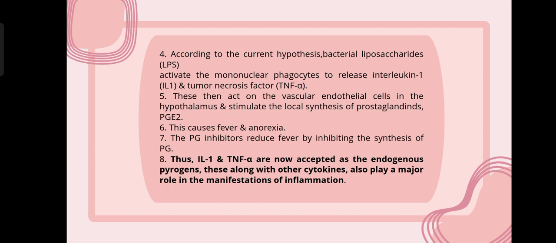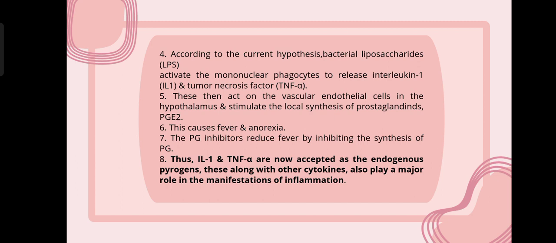All these will act as endogenous pyrogens, meaning in response to that foreign particle, our body is producing these factors, all these three factors: cytokines, interleukin 1, and tumor necrosis factor alpha.